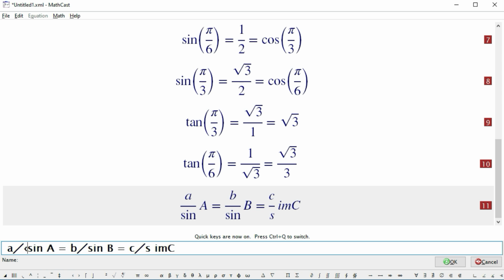So a over sine A equals b over sine B. Make sure we bracket it on the denominator here, equals c over sine C.